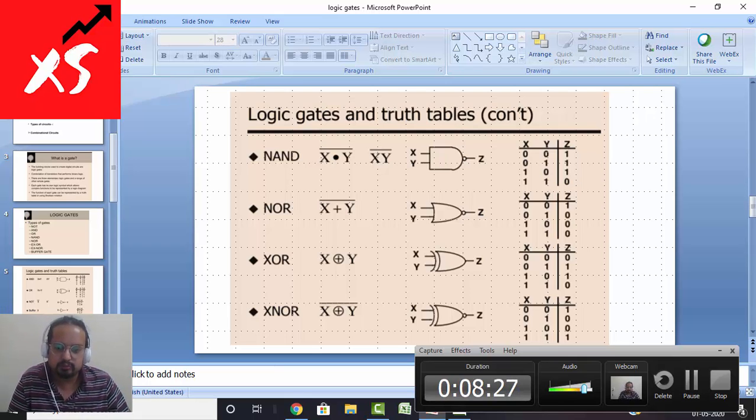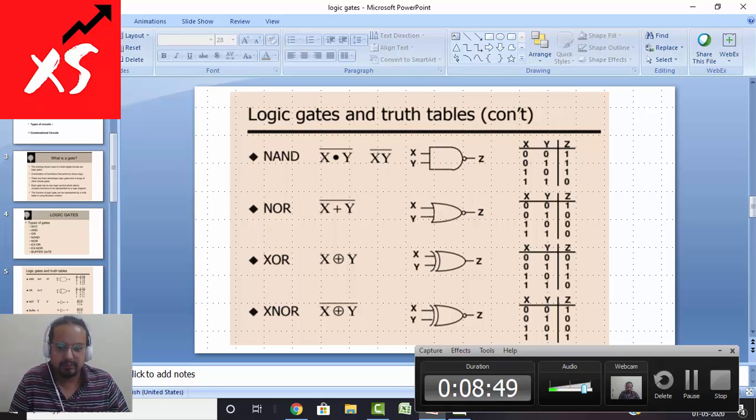So you need to remember the truth table for these as well. So look at the first one, XOR gives an output 1 when either of X or Y is 1, right? Both should not be 0, both should not be 1. That is the point. That's how you remember the truth table here.